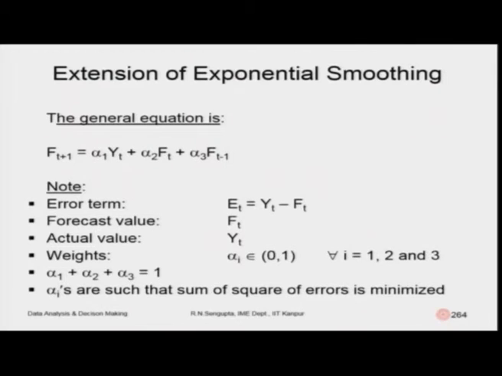Now, we will go into the extension of the exponential smoothing method. So, the general equation is, we will try to find out the forecasted value for t plus 1 time period based on the fact that you want to basically put weights, and these weights are alpha 1, alpha 2, alpha 3, alpha 4, whatever you consider, but obviously remember the two main notions continue. Sum of the weights is 1 and the square of the errors should definitely be minimized.